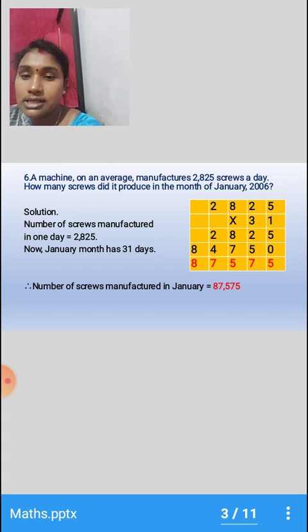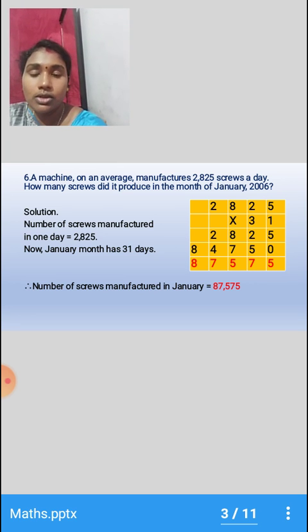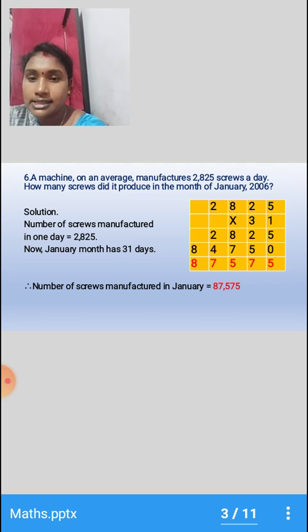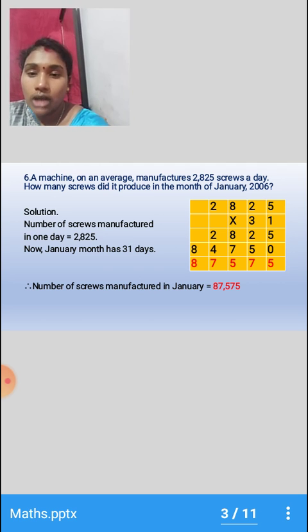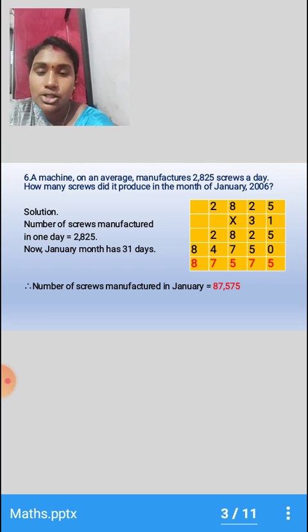For this, first you have to know how many days are there in the month of January. In your lower classes, you would have learned that January has 31 days, right? Now you have to find out the number of screws manufactured in January.